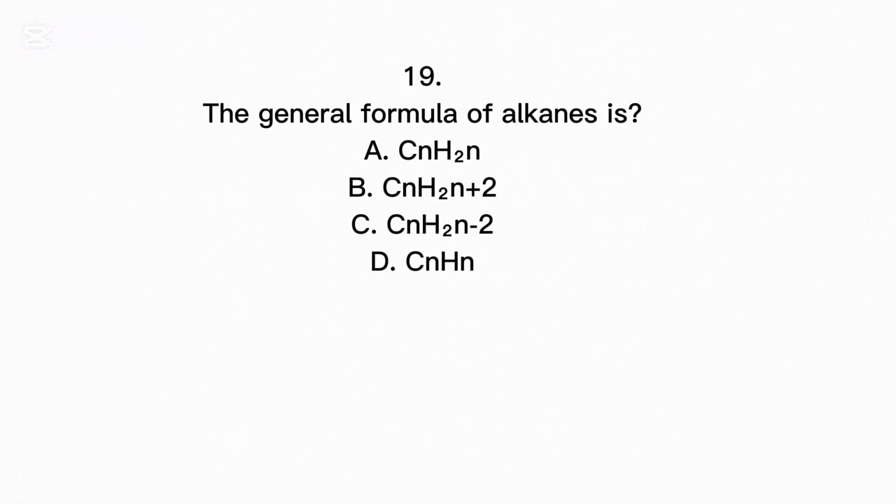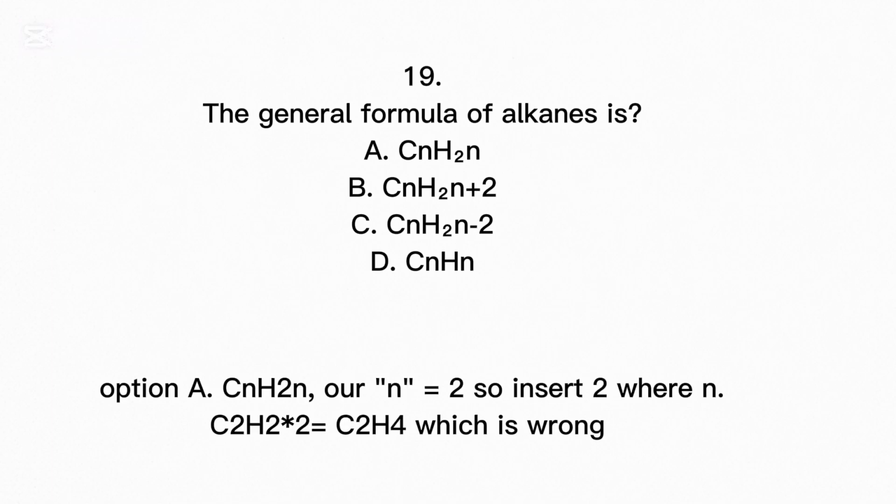Ethane has the molecular formula C2H6. So we pick option A to check whether it is the correct option. We all know that ethane is number 2 of the family, so our n there is 2.